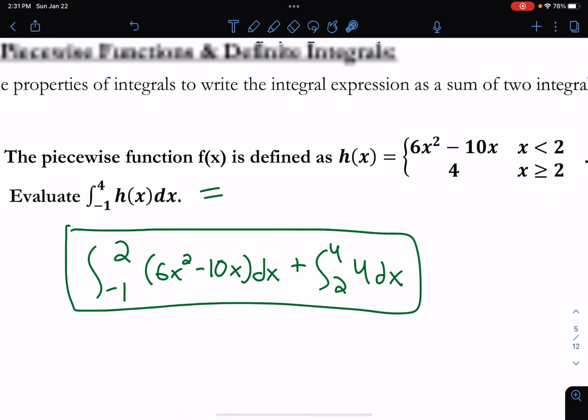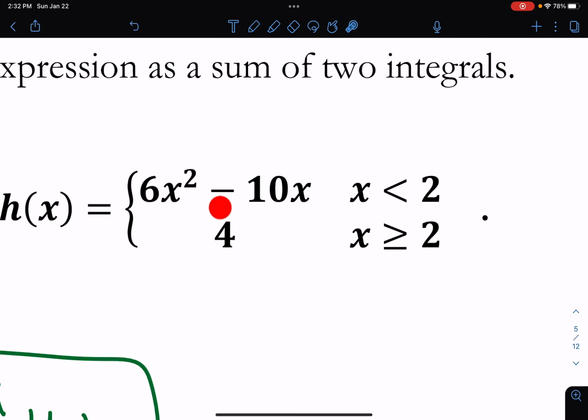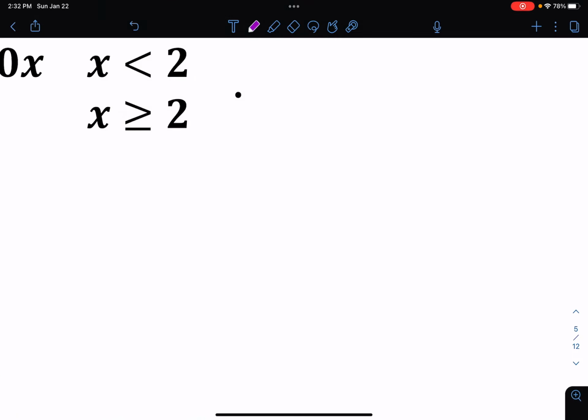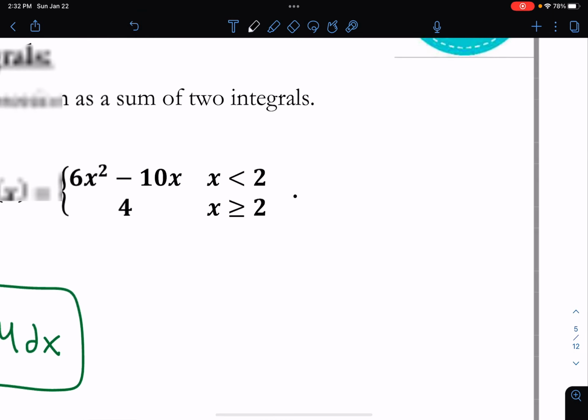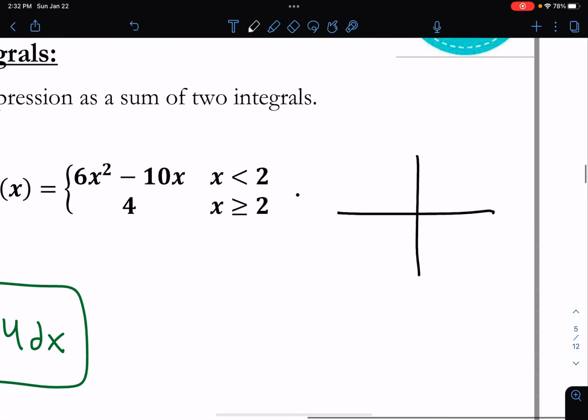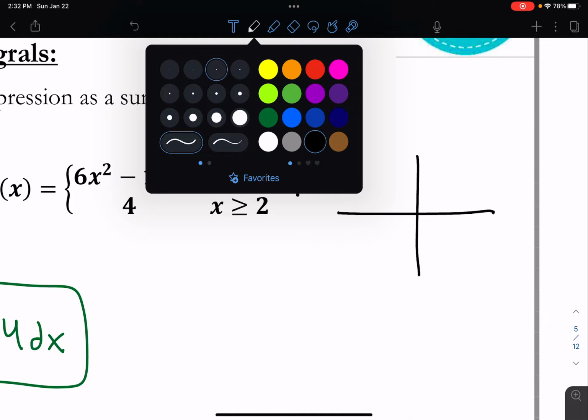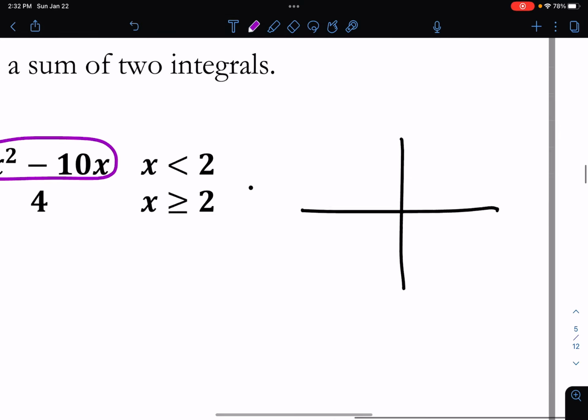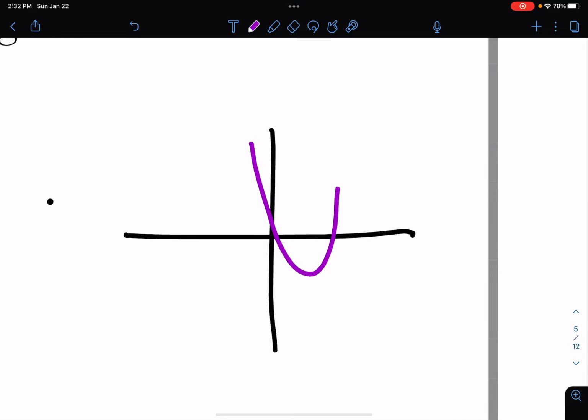Now, some of you might be wondering, don't we have to check whether this is continuous? What's going on if I plug 2 into each of these functions? And really, it doesn't matter. Because if your graph has a hole in it, I'm going to draw a really bad sketch here for you real quick. Like if I try to draw this 6x squared minus 10x, the graph actually, I'll circle that, looks something like this.